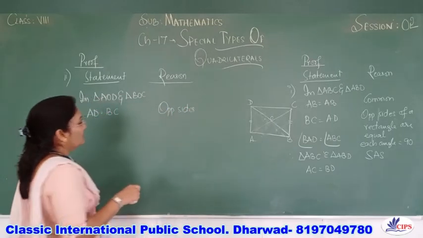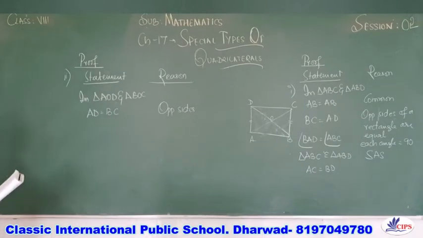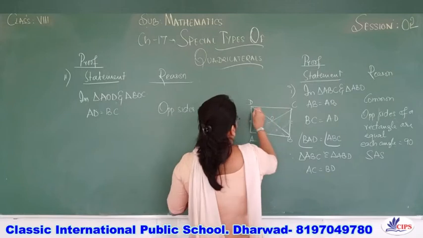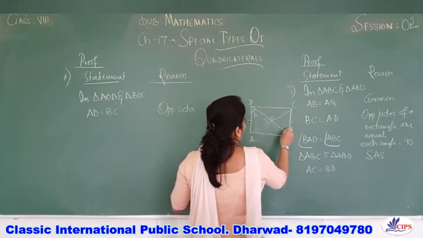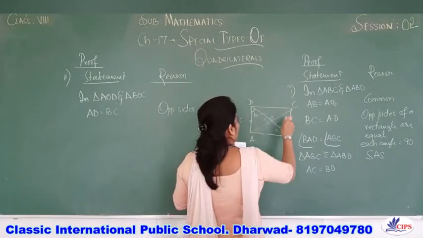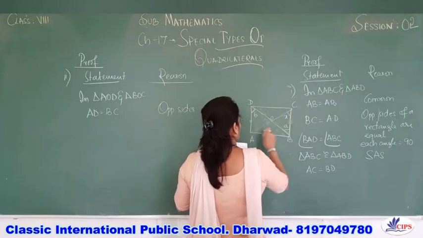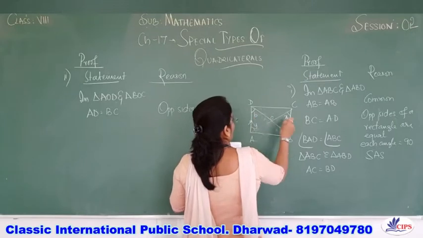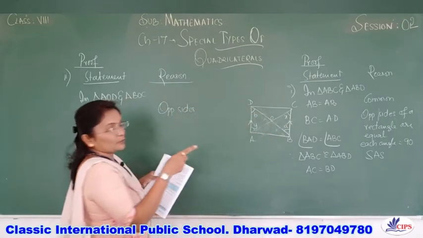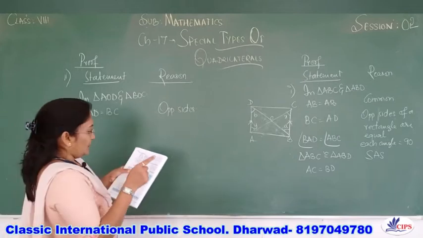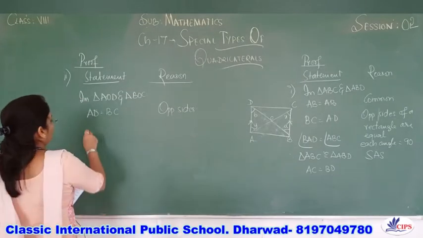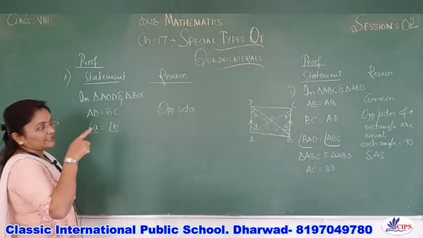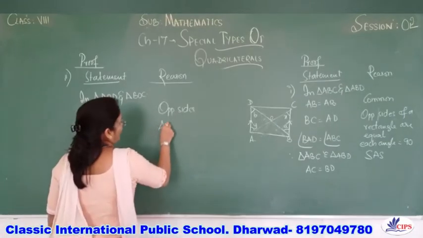Next, they have told angle A is equal to angle B. We have to write that there. They have given the second diagram. See here, they have marked this as B, so this will be your A. Next, this is X and this is Y. So AD is equal to BC, and angle A is equal to angle B. You know the reason: when it is like a Z shape, they are alternate angles.